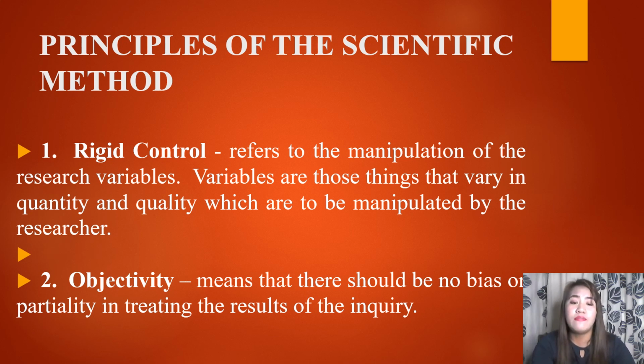And for objectivity, it means that there should be no bias or partiality in treating the results of inquiry. What do you mean by that? Strive to avoid bias in experimental design, data analysis, data interpretation, peer review, personnel decisions, grant writing, expert testimony, and other aspects of research where objectivity is required.